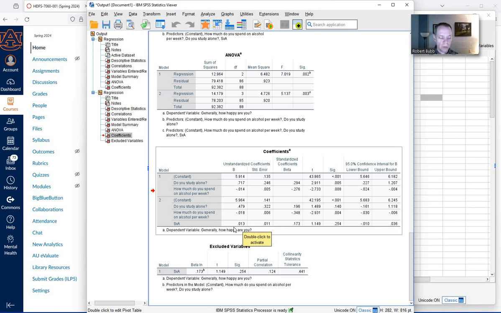So remember before, it was the impact on the outcome for a 1 unit change in the predictor. Here what we're saying is, what is the change in the slopes between the predictor and the outcome based on the moderating variable, the moderating term. So in this case, the change in slope is 0.013.